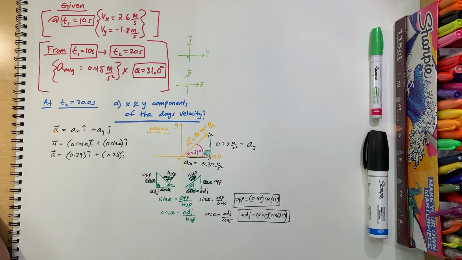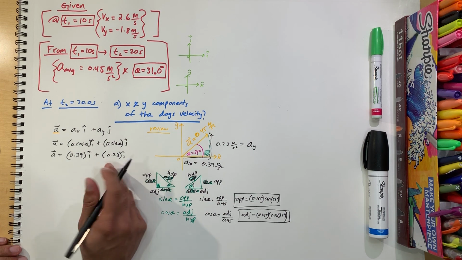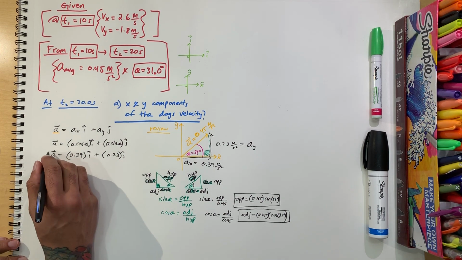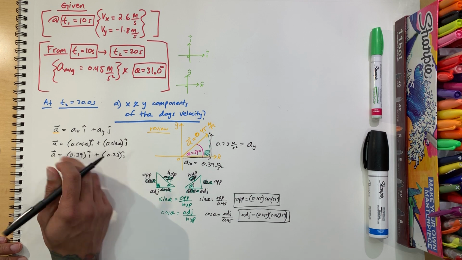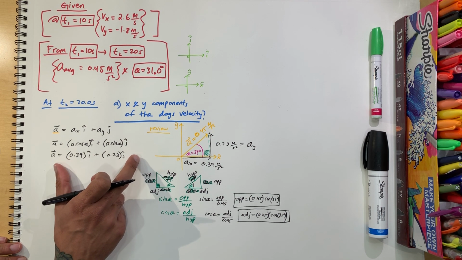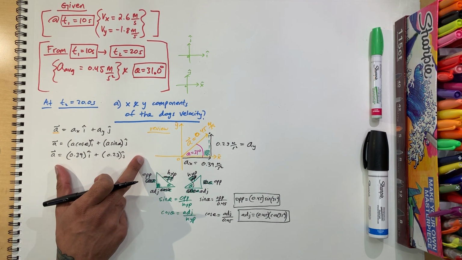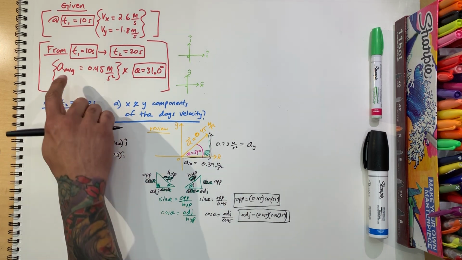Perfect. So now let's hold on to this. We've described it in numerical values, and let's look at the information that was given.